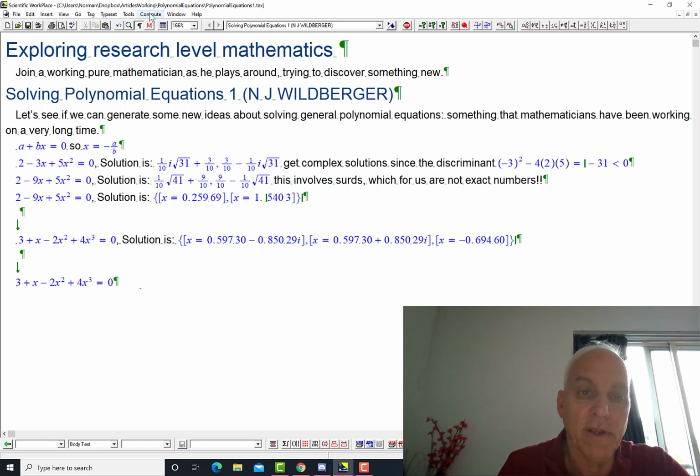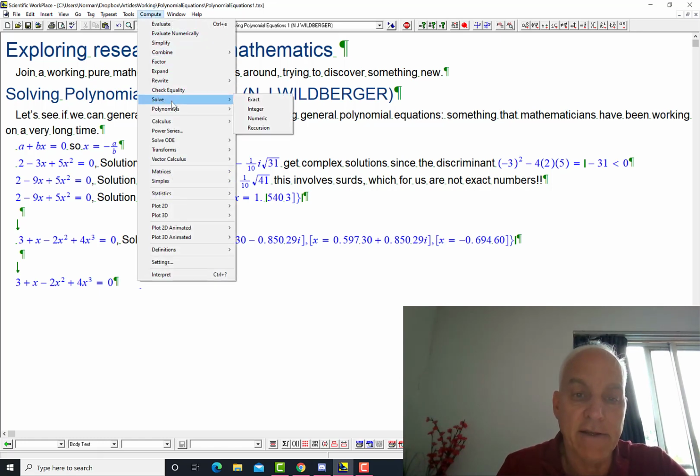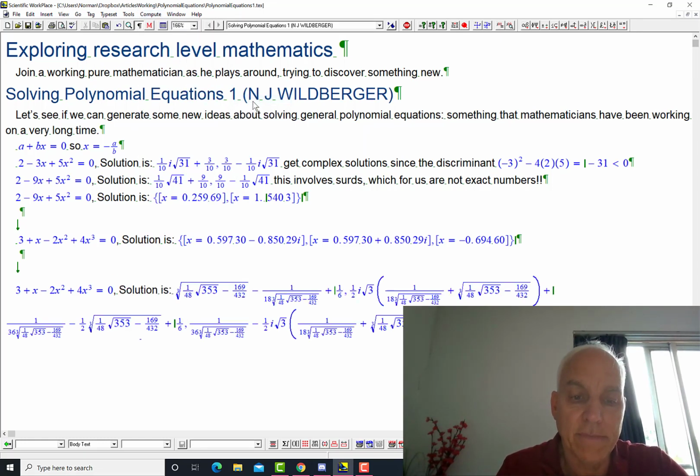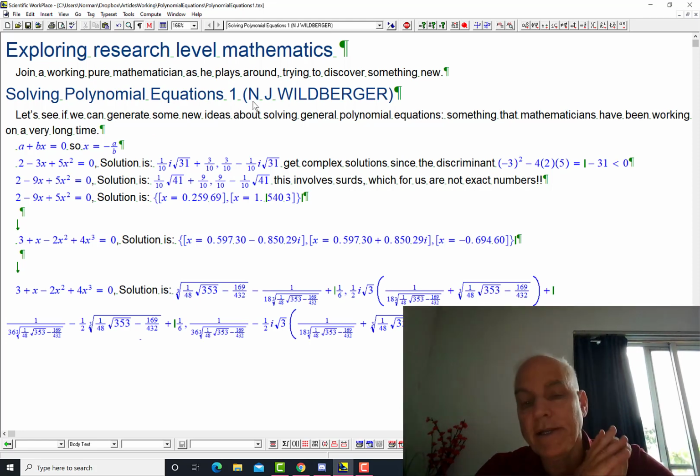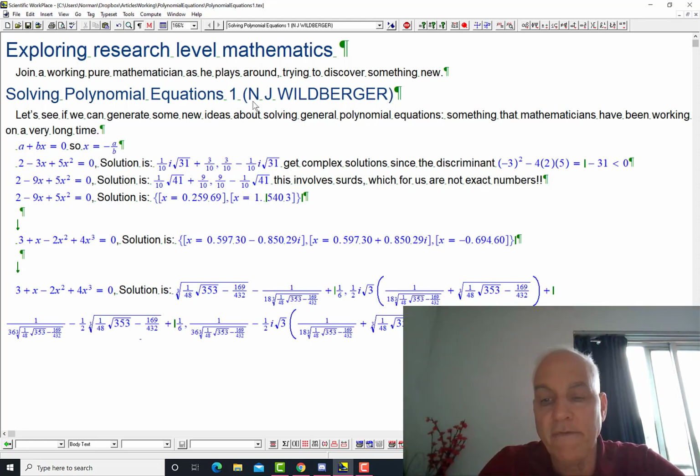So let's have a look at trying to solve this thing exactly. Solve exact. Now we run into some complicated formulas that really go back to Cardano and Tartaglia and Del Ferro and the Italians, who realized that the formulas for the cubic equations were rather complicated.